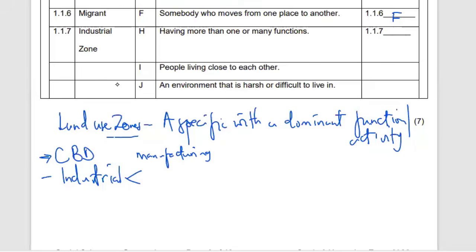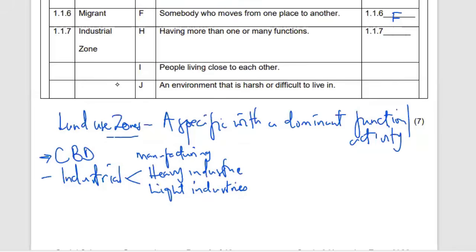And these manufacturing activities, we split them into two. The industrial zone is split into heavy industries, and also it has light industries.